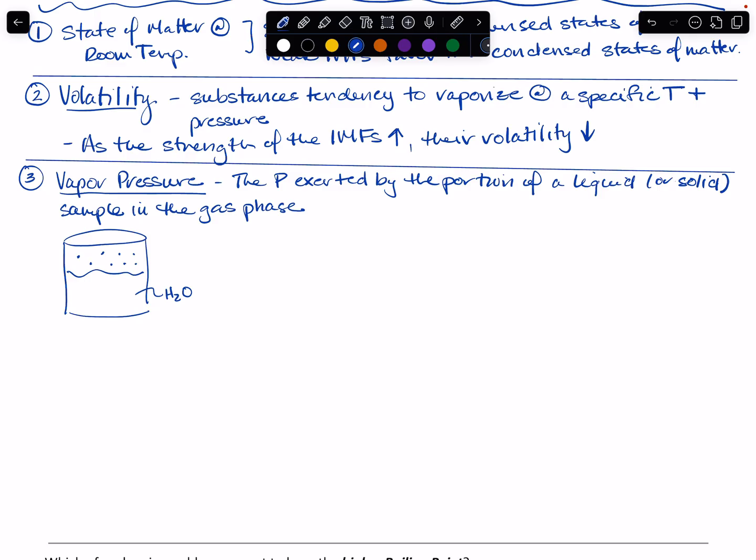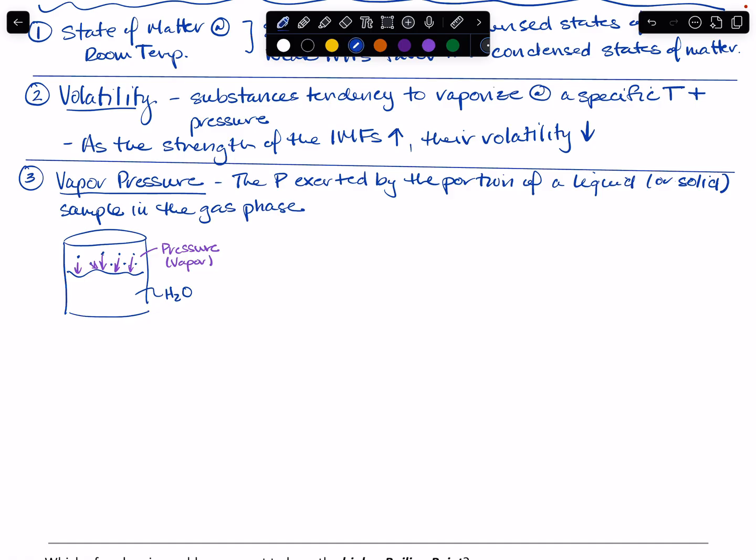These particles will then move around, and every now and then they're going to bump into the surface of the liquid phase. And when that happens, that is pressure, specifically vapor pressure. So any liquid is going to have a small portion of gas that hits the surface, that exerts the pressure. That's your vapor pressure.